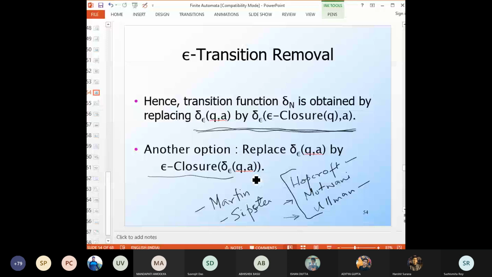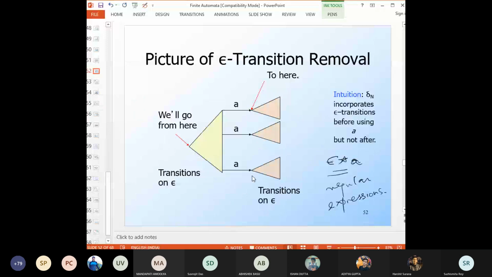To show the difference, first let me go back to a previous diagram, this one. Here, actually, epsilon closure delta QA will take you not from here to here as shown, but rather from here to here, as I had initially shown you in the previous class. Do you remember?